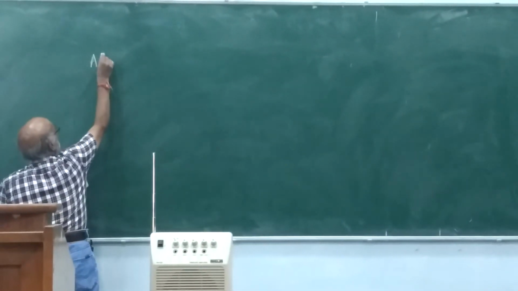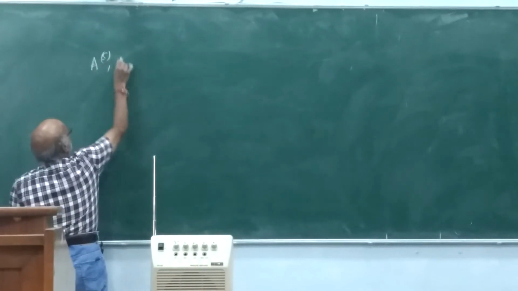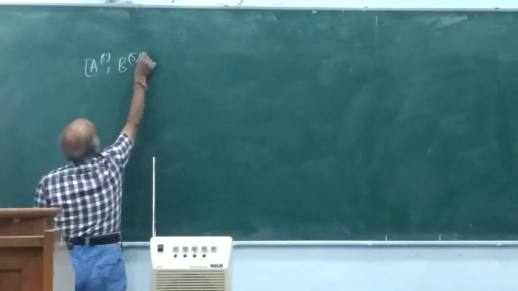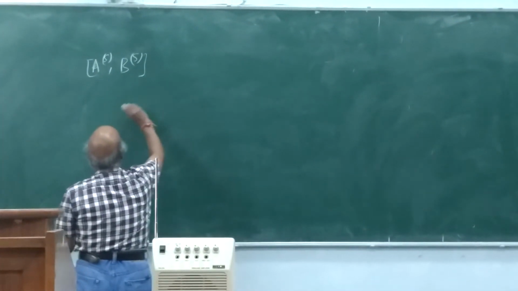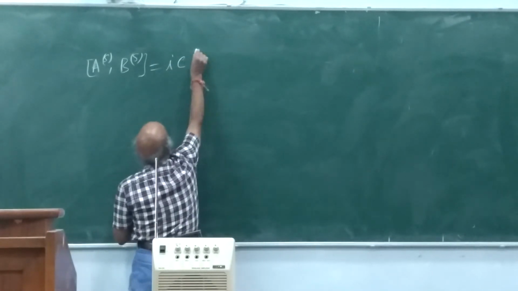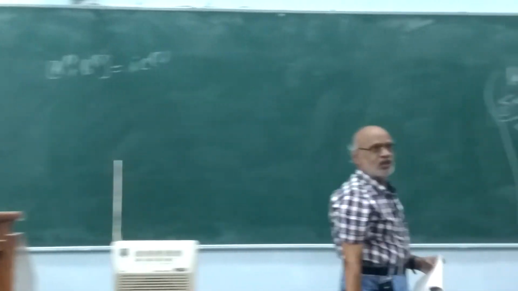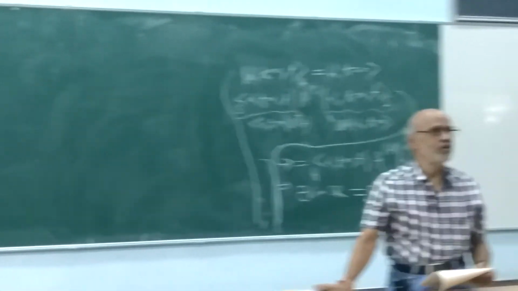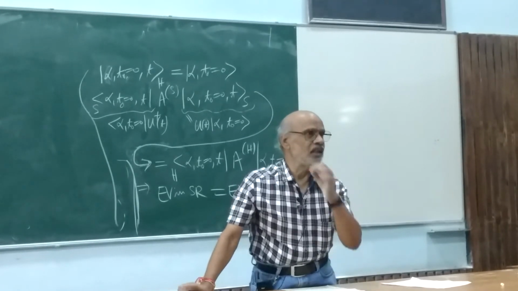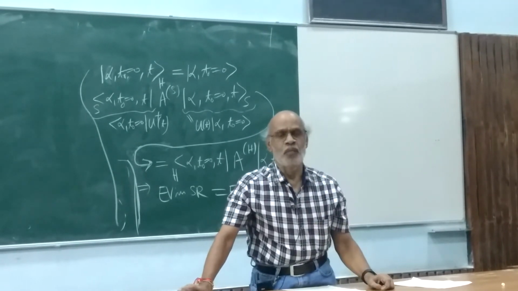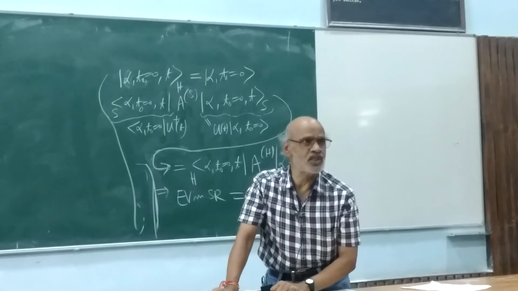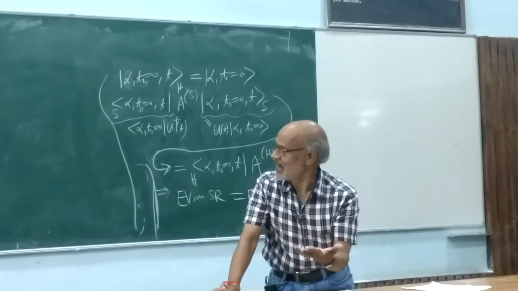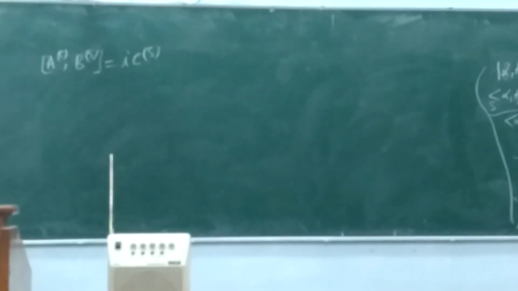Supposing A of S and B of S is equal to, so this is the commutation relation, we are assuming that this is the commutation relation obeyed by any two operators A and B. So obviously A and B are Hermitian, C is also Hermitian, the commutator on the left hand side is anti-Hermitian, and so the right hand side is also anti-Hermitian.